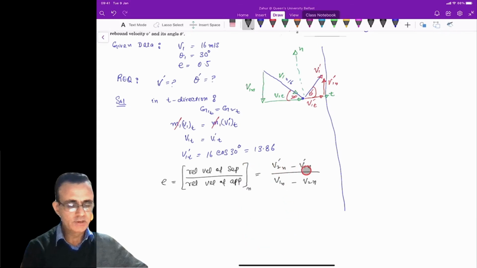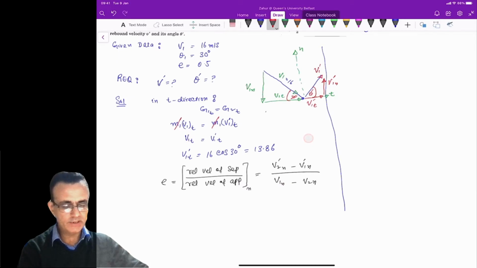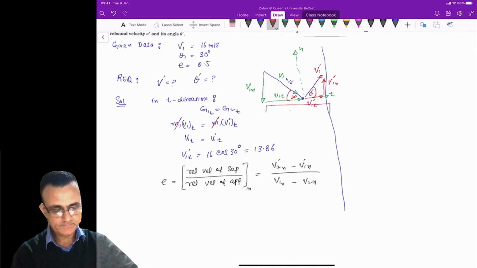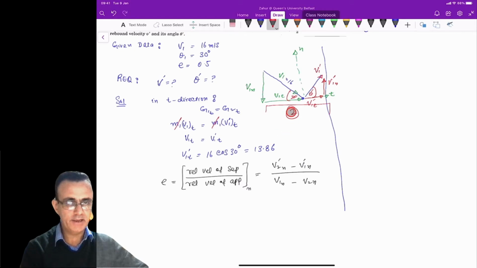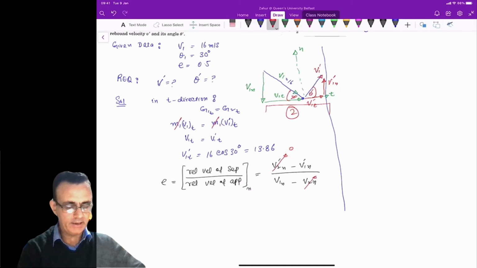All the components of velocity should be in the n direction. The body 2 is this heavy plate, which is not moving at all, so its velocity before and after impact is 0. So you can just remove v2 dash n and v2n, and the only terms left are these two.